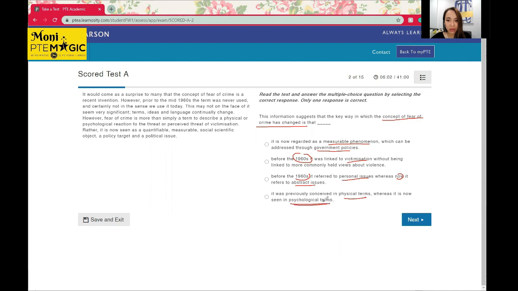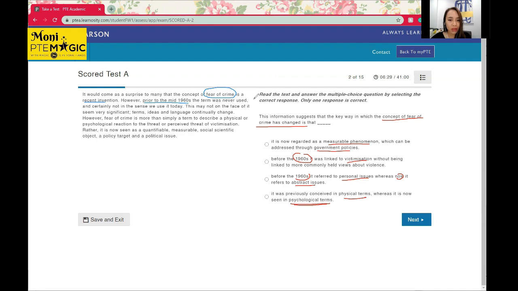Okay, psychological terms. So let's check these two first, 1960s, and fear of crime. Let's find the keywords first. Fear of crime is this one over here. It's a recent invention. However, prior to mid 1960, this is the keyword here, before the 1960s, the term was never used.